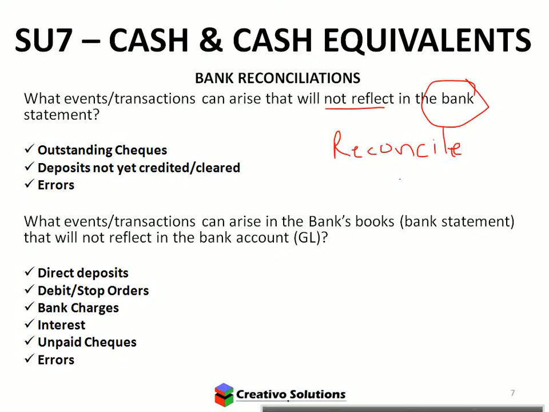Let's say the check that I wrote out to you doesn't go through. Have you recorded a receipt? Yes. Does that receipt reflect a receipt? No, because the payment didn't go through. So unpaid checks are dishonored checks, checks that don't go through.